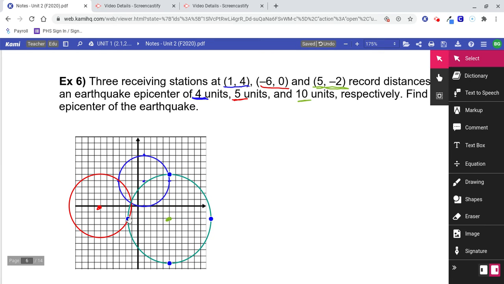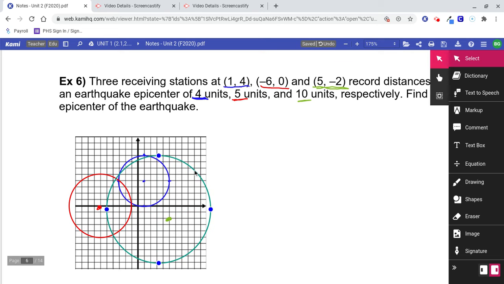Okay, so that's 1, 2, 3, 4, 5, 6, 7, 8, 9, 10.